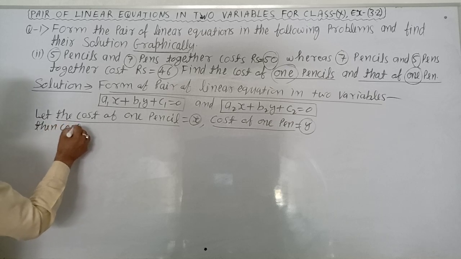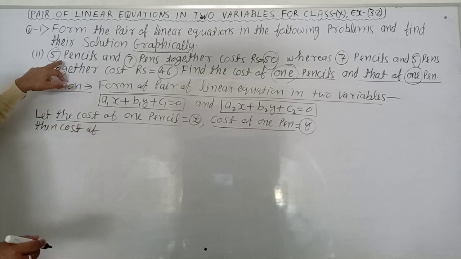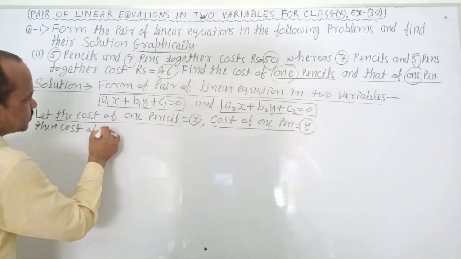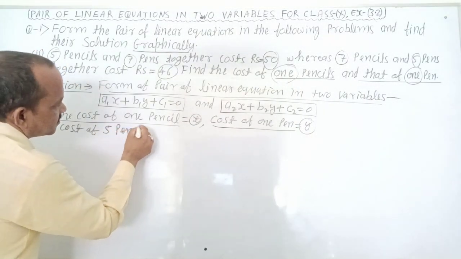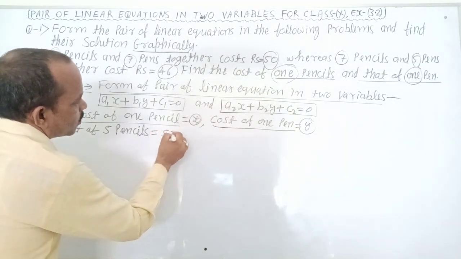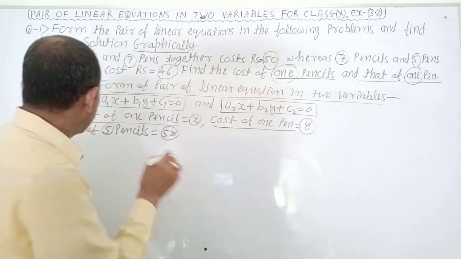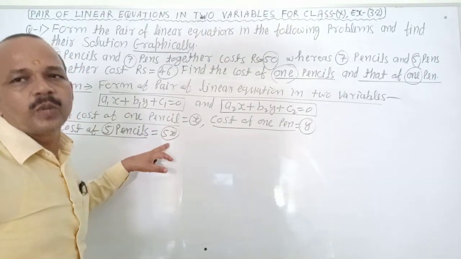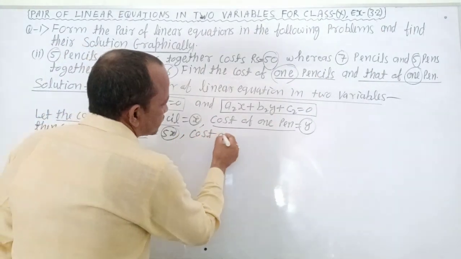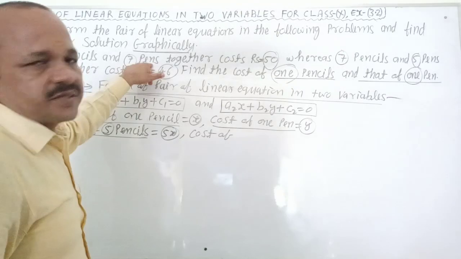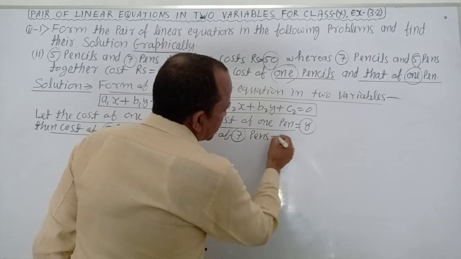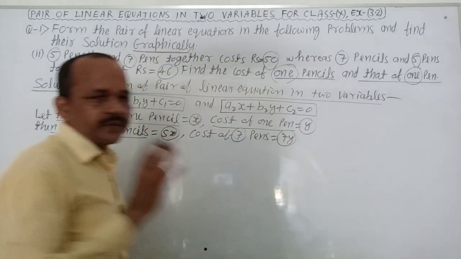Then cost of 5 pencils equal to 5x. Cost of 7 pens equal to 7y.